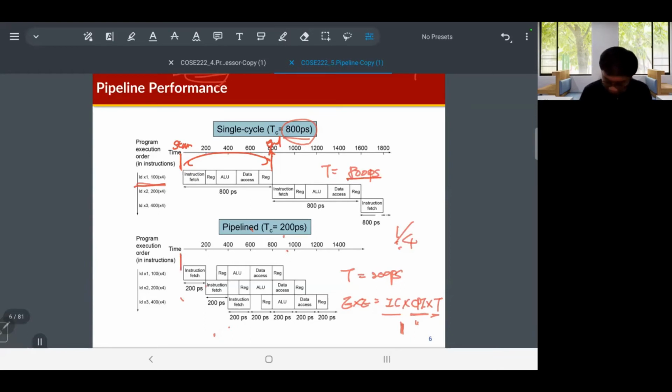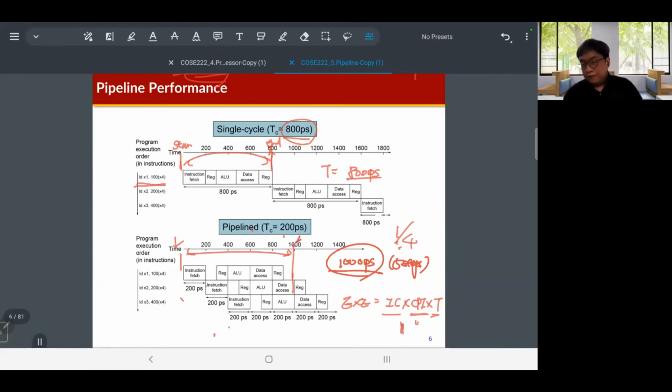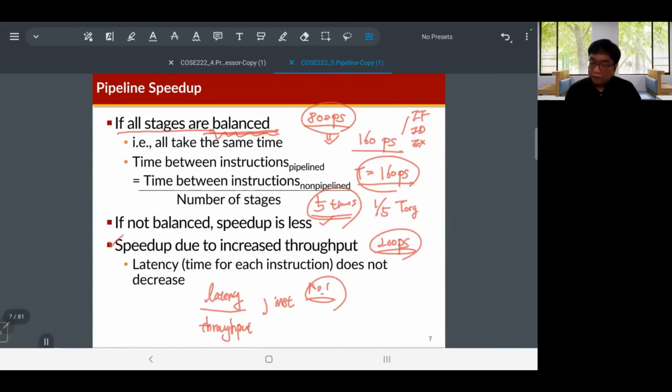But if you see this pipeline architecture, the time gap between the start of an instruction and the end of executing an instruction is 1000 picosecond because of 5 steps. So if we just focus on the latency of a single instruction, we cannot improve it, which means that we cannot decrease the latency of a single instruction.